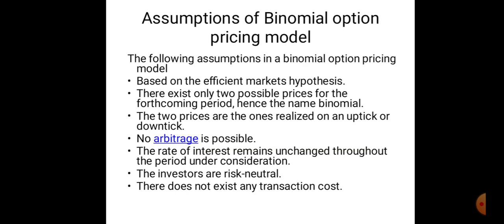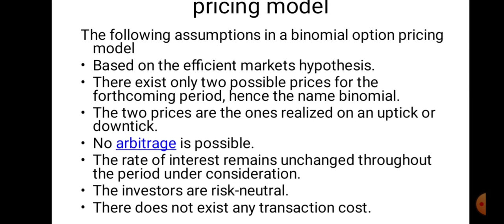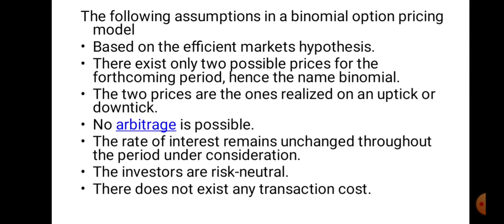Certain assumptions of the binomial option pricing model. The following are the assumptions. It is based on the efficient market hypothesis. There exist only two possible prices for the forthcoming period, hence the name binomial.